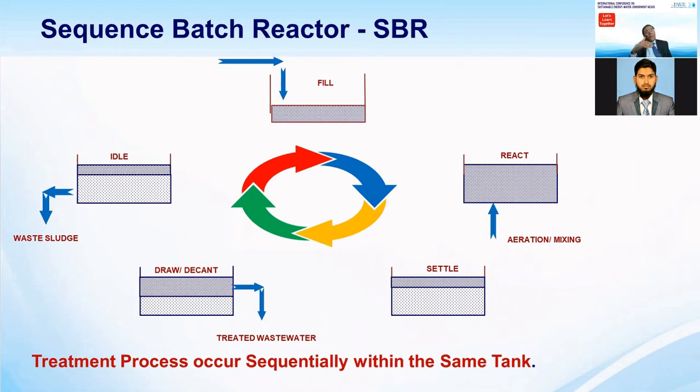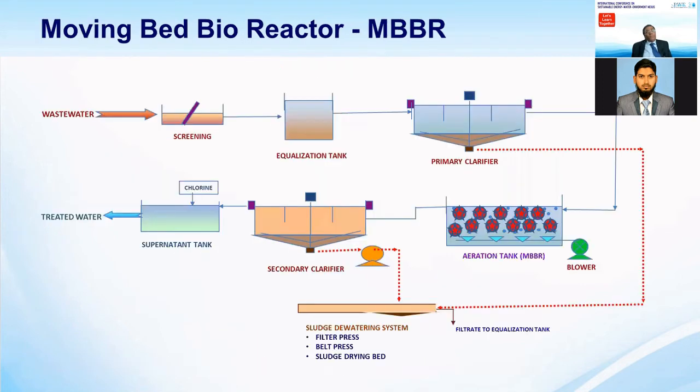And after 20 or 30 minutes, depending upon the process control, for the various applications there is a different time required for the settling of sludge. And then from the top, we remove the clear water, and the treated wastewater is disposed of. This is another application for small systems which is practiced even in Pakistan.